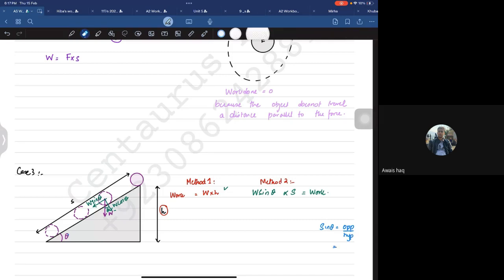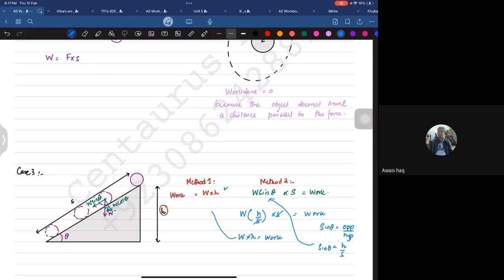The opposite in this one is H, hypotenuse is S. If I substitute it right here, what you get is W. Instead of sine theta, I'm writing H over S. There is S already there equals work. So if you cancel this out, you will end up with the same answer as this one. Do you guys understand? That's why both methods are 100% correct. Is that clear, kids? Any questions now? Please let me know.